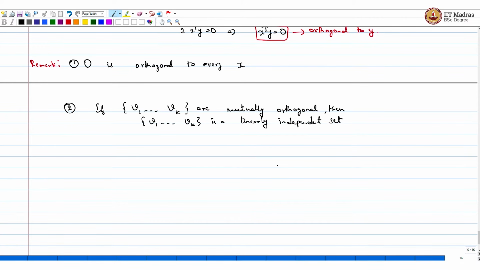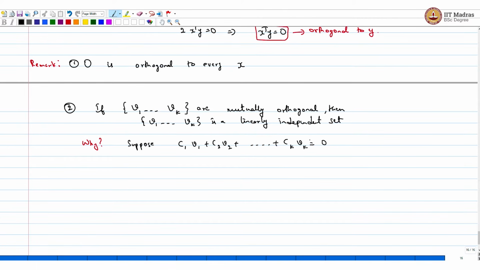This is easy to show. Let's see why. Let's suppose some linear combination of these vectors leads to 0, say c1 v1 plus c2 v2 plus and so on up to ck vk equals 0.